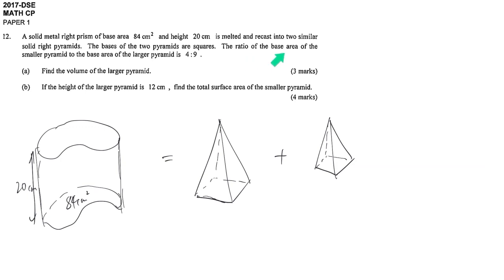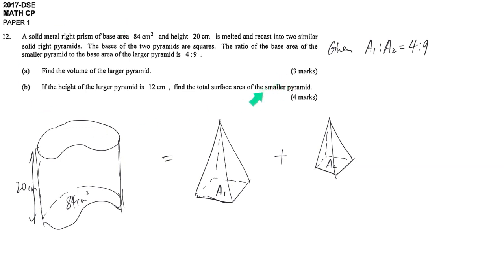They don't tell you anything about the ratio of the base area directly, but they tell you: if the base area of the first pyramid is A1, and this is A2, then A1 to A2 is equal to 4 to 9.